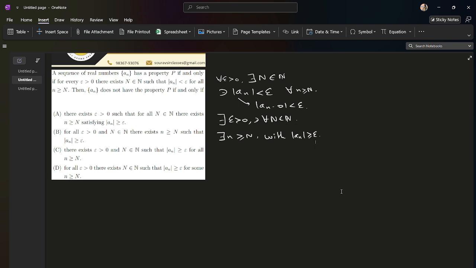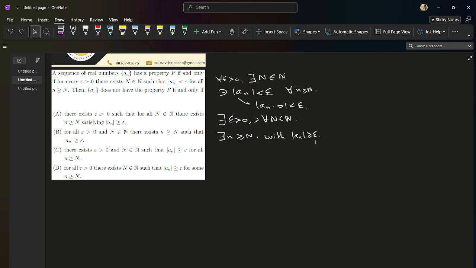This correctly captures the negation, because a sequence that does not have property P must have some epsilon greater than 0 where infinitely many terms remain at least epsilon. So option A is correct. But we have to check why B, C and D are not correct.